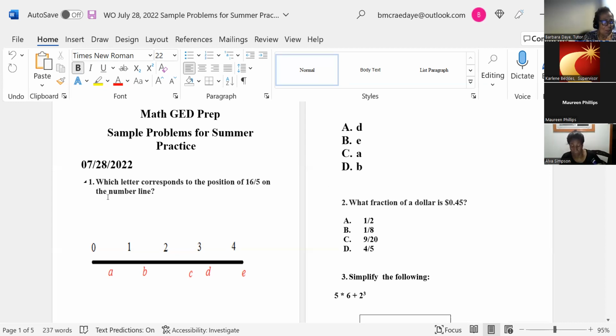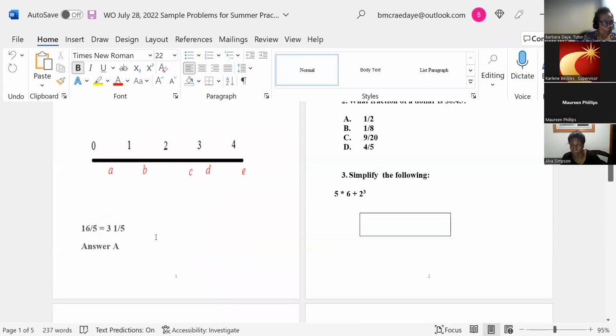Now let me see if you know what I mean. Suppose I said, what letter corresponds to, instead of 16/5, suppose I gave you 3 halves.